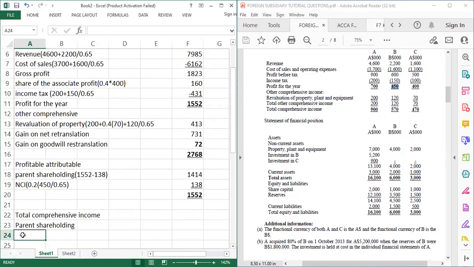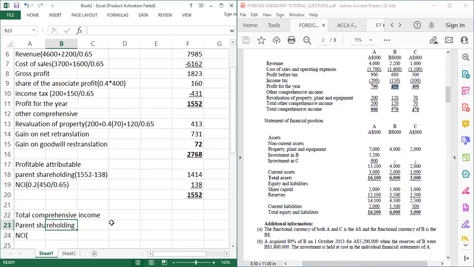Corporate reporting, they can just pick one topic like this one and set a question on it. They can pick consolidated statement of financial position or consolidated statement of cash flow and set a question on it. They can pick step acquisition, disposal, complex. They can just pick one of them and set a question on it. But financial reporting, everything is coming. So those people over there, they are suffering.